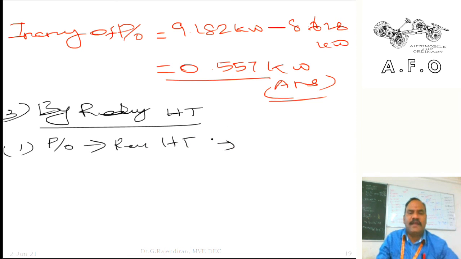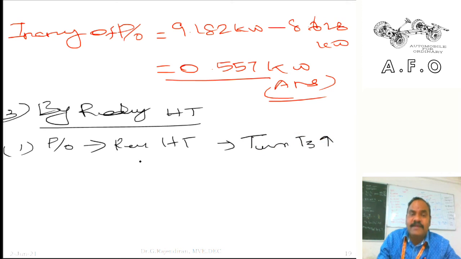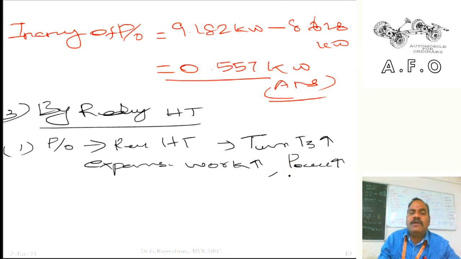When you are reducing the heat transfer, turbine inlet temperature T3 is increased, so that expansion work is increased, so we can get increased power output. Clear? And second, increasing of the turbine work.